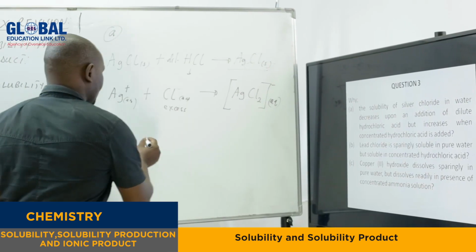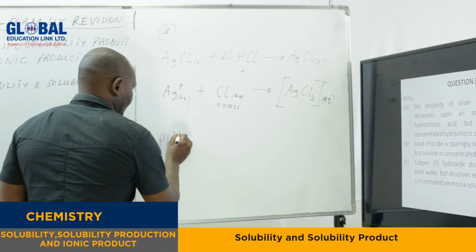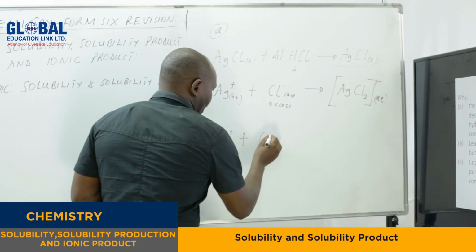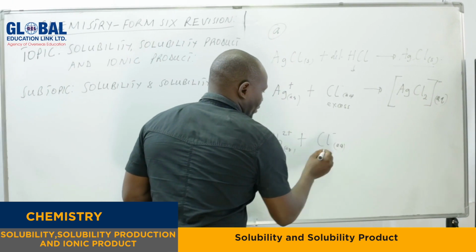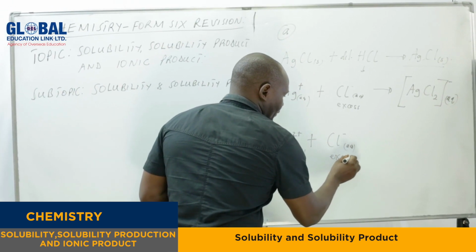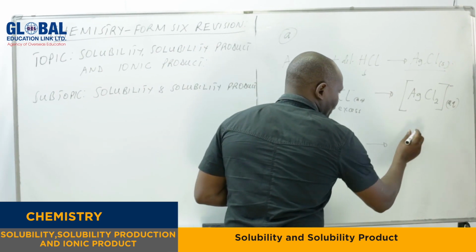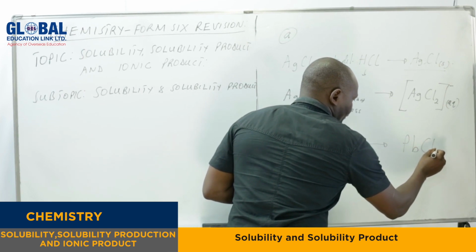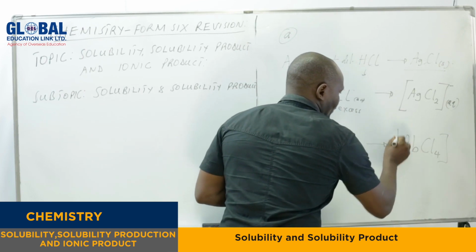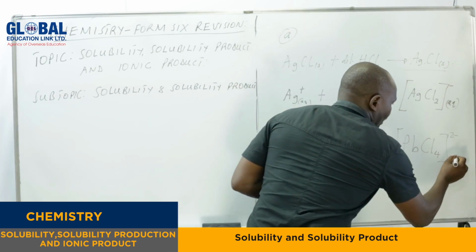So here, if this is lead ions, they will react with chloride ions, which are in excess. Chloride ions are now in excess, and they lead into formation of a complex compound of lead, which is aqueous.